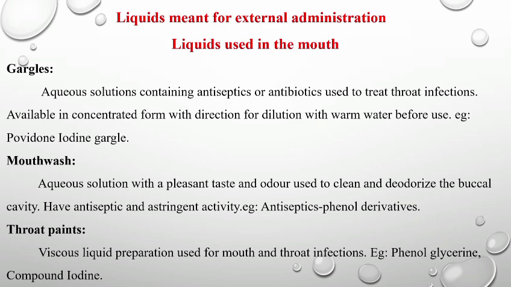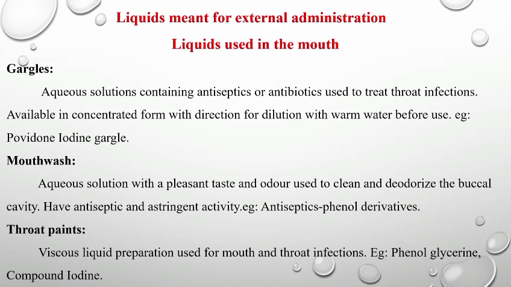First, the liquids used in the mouth. The liquids used in the mouth include gargles, mouthwashes and throat paints. Usually these are used to treat throat pain, throat infections and any other infections in the mouth. First is gargles. Gargles are aqueous solutions which consist of antiseptics and antibiotics, and they are used to treat throat infections.